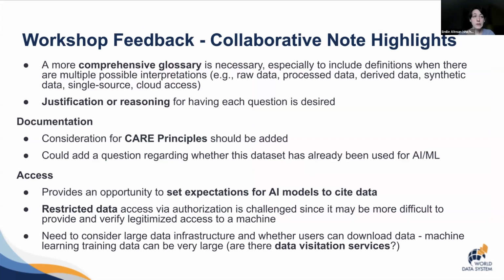And so having a clear definition for each one in the glossary would be very helpful. Also, the participants wanted justification or reasoning, just something brief, for each question so that they would understand where this was coming from and how it relates to AI.